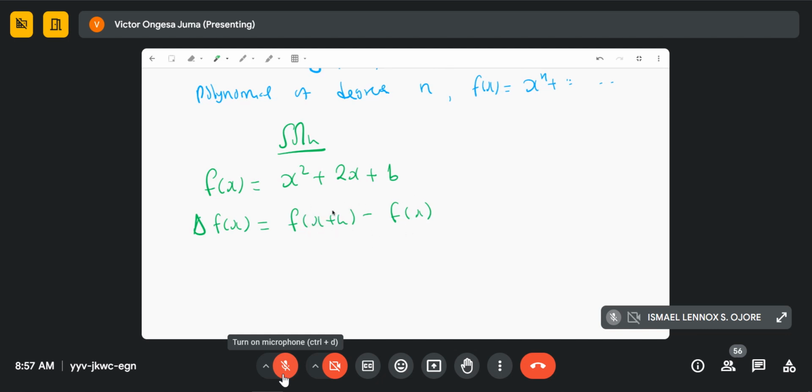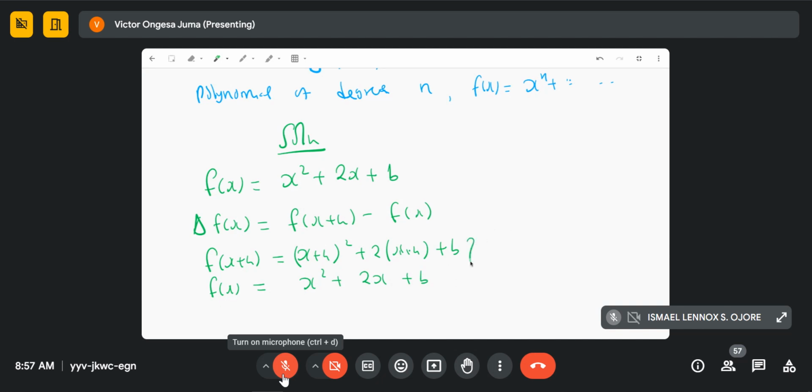And so when you have this, just plug in here. Let me try to go slowly. Where there is x, I'm replacing with x plus h. So I'll have x plus h squared, and then plus 2 into x plus h, and then plus b. And f of x just remains the same, that is x squared plus 2x plus b.